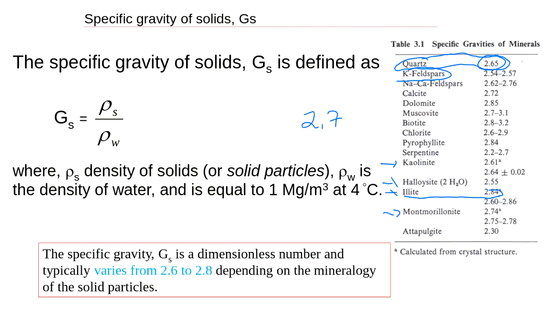Typically, we use specific gravity to do all the calculations related to soil constituents, the ones we did last week, like degree of saturation, water content, and what else is linked to densities. So void ratio. Once we know specific gravity, it's very easy for us to find out all other parameters.